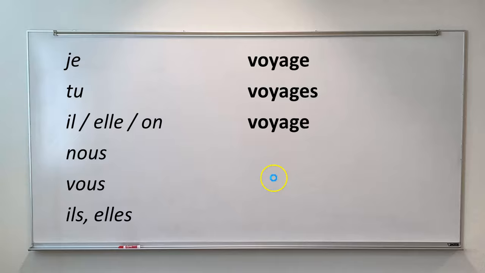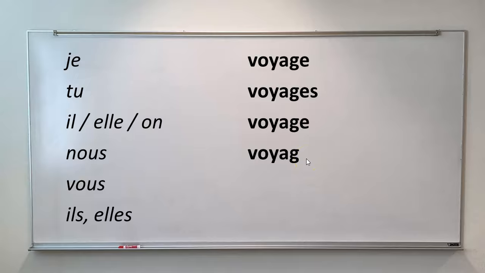Nous. We start with our root, and this is where we have the spelling change. It's actually a letter that is added in. So for nous, think about it. For nous, you normally add ons, which is what we are going to do. But if we were to do that, ga is pronounced ga, and we want to avoid that sound.